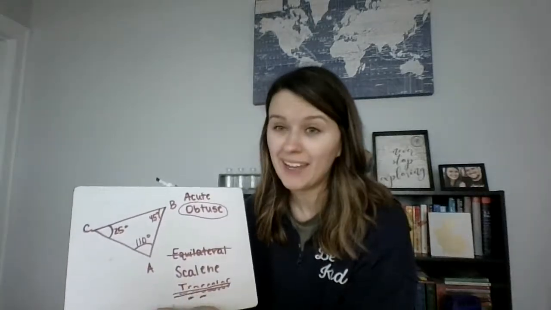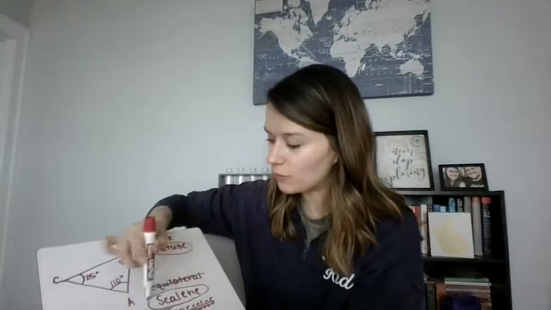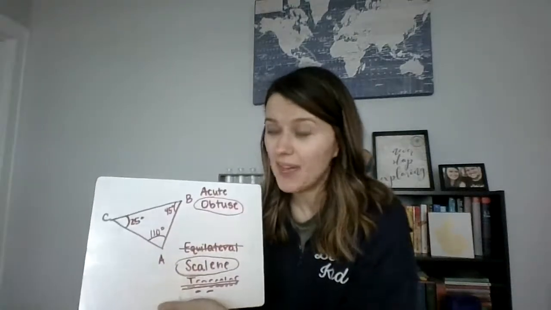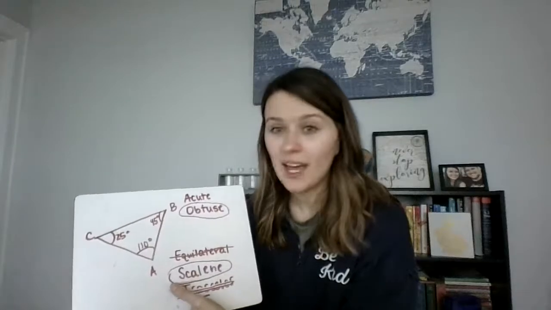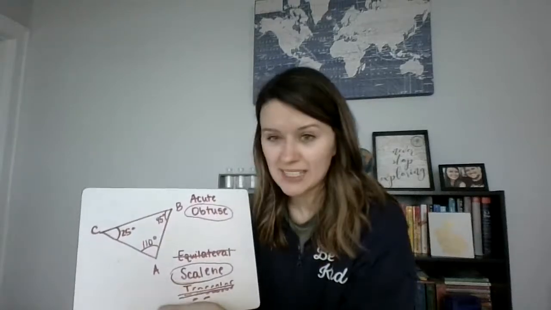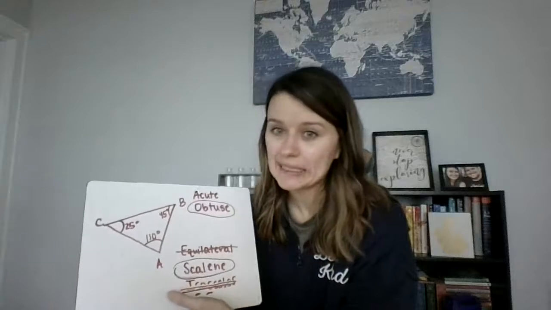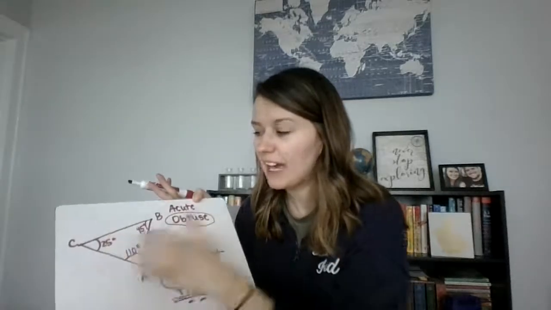All three of my side lengths must be different for me to have those three different angle measurements. So that is my reasoning about why this must be an obtuse triangle, because it has that angle measurement that's over 90 degrees, and why I think it's a scalene triangle too, even though I don't have the lengths of my triangle labeled.